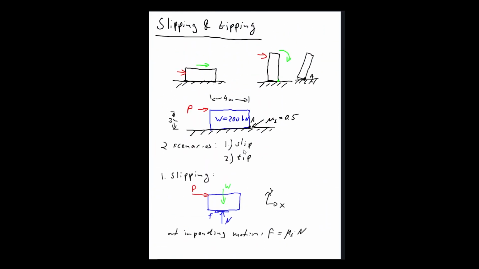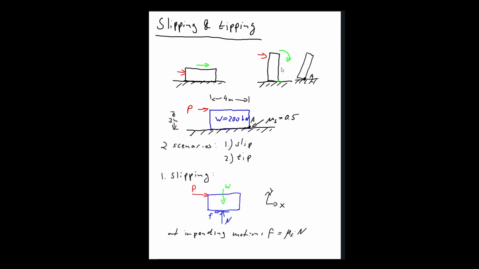So maybe just a quick review. We said that we have two different modes of motion. We can slide along, we call that slipping. The other one we call tipping, where basically we have a rotational movement. For slipping, we can figure out when it starts to slip by assuming impending motion, where the friction force is equal to the friction coefficient times the normal force.